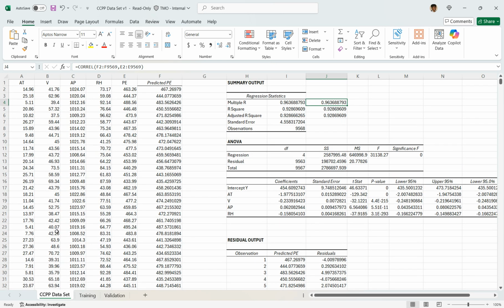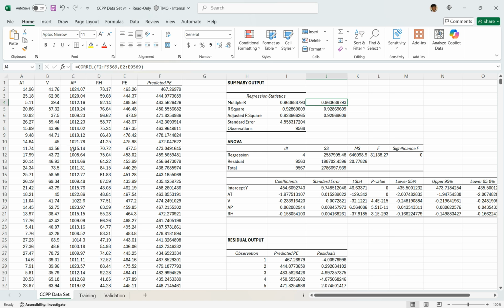Our feature ranges by feature type are as follows. The ambient temperature, AT, column A, has a range of 1.81 to 27.11. The exhaust vacuum has a range of 25.36 to 81.56.